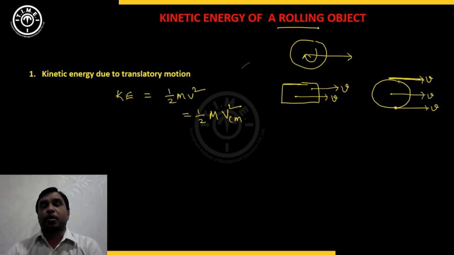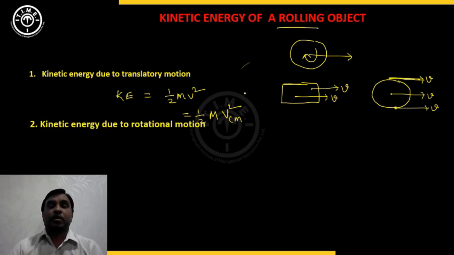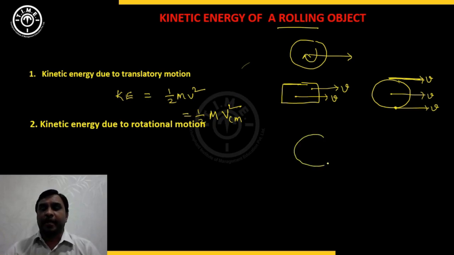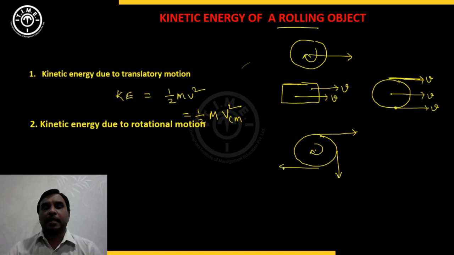Again, we are talking about rolling, which is a combination of translatory motion as well as rotatory motion. What exactly is rotatory motion? Let us suppose you take this round object, fixed about this point, rotating about this point. Then this particle will have a velocity in this direction, and so will the others in their respective directions.